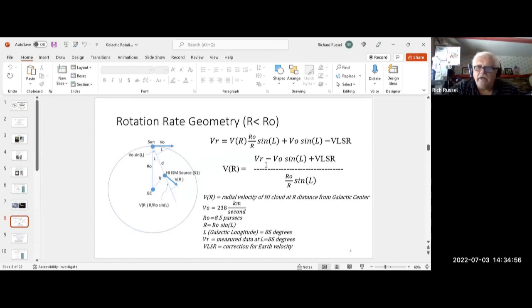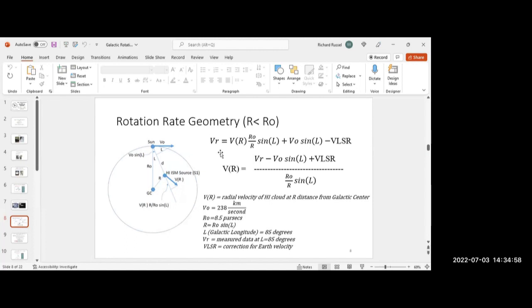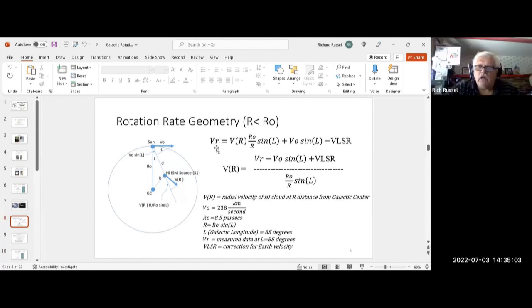The formula that I got from a book is this. VR is the received velocity that you're measuring at a certain longitude. So the stuff I'm getting from the Spectre Cyber is this number.